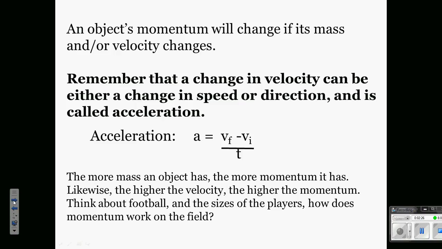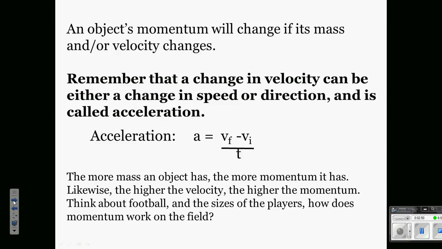Velocity is a vector, which means it has magnitude and direction. Acceleration is calculated by taking your final velocity minus your initial velocity and dividing it by t. Recalling this formula is important for a couple of slides later.